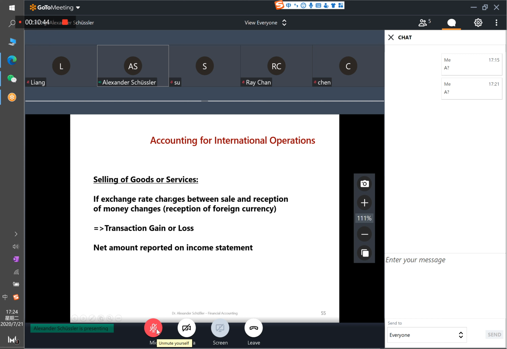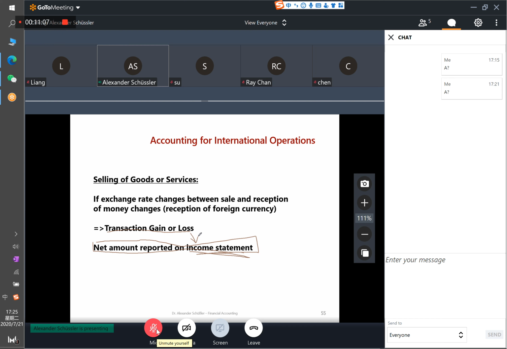This is if an exchange rate changes between the sale and the reception of the money. And where does it show? Net amount reported on the income statement. Yes, income statement.